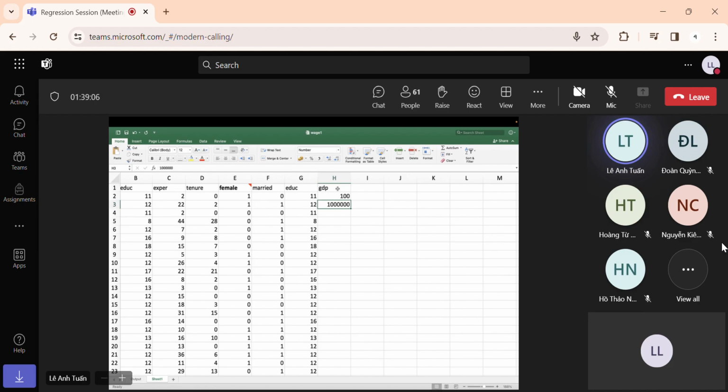But how about if you take log of GDP? Here it is 2, and here, okay, you can see. When you take log of GDP, the difference between the second country and the first country is only 4. It's reduced, and it helps reduce the outliers in the data. And this is the first reason, to reduce the outliers.